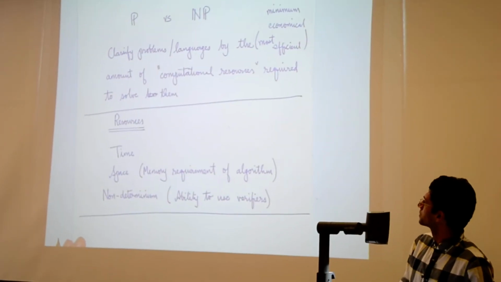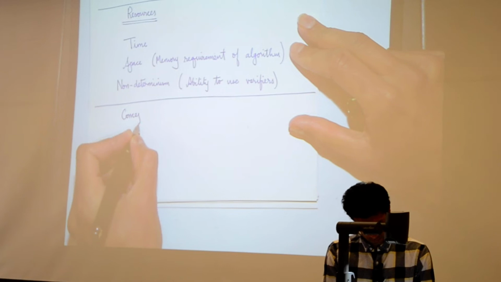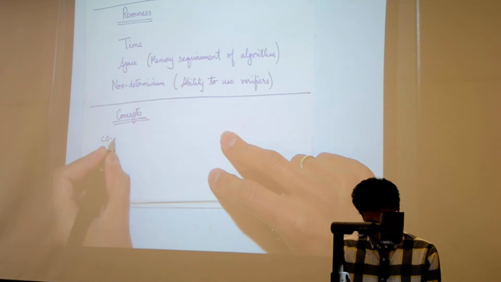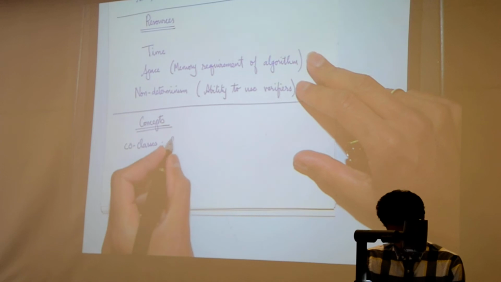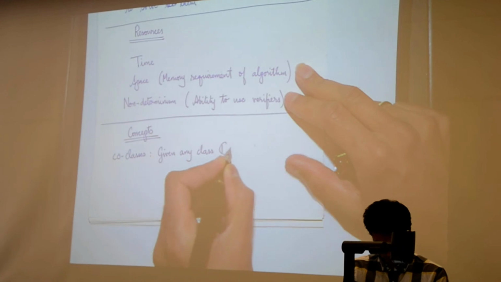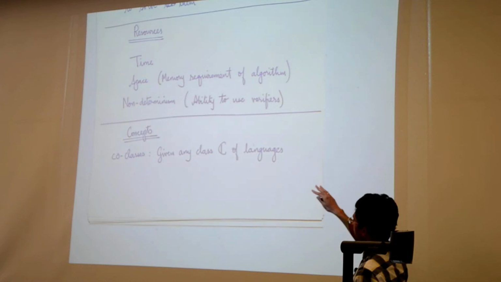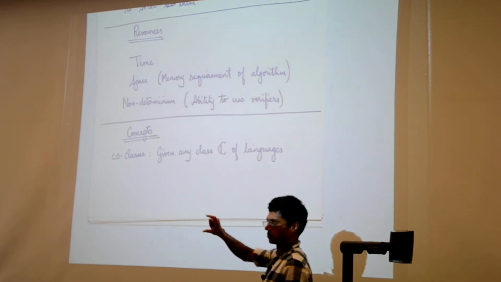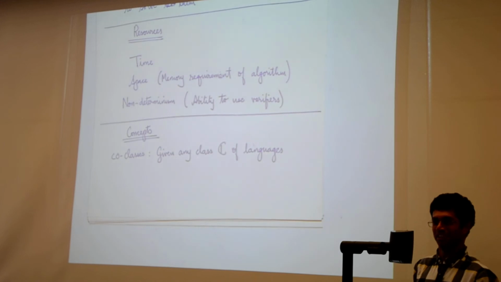Now, a few concepts that will be useful to talk about are what are called co-classes. So what this means is, given any class C of languages. Usually for languages, I'll use script letters, and for any class like P or NP, I use bold, or technically \mathbf in logic. That's what I'm using. Okay?